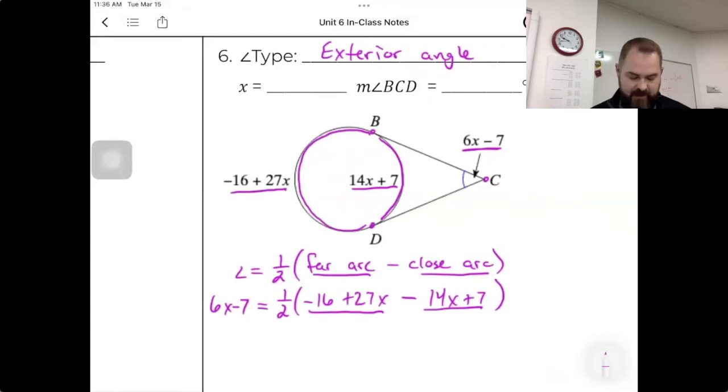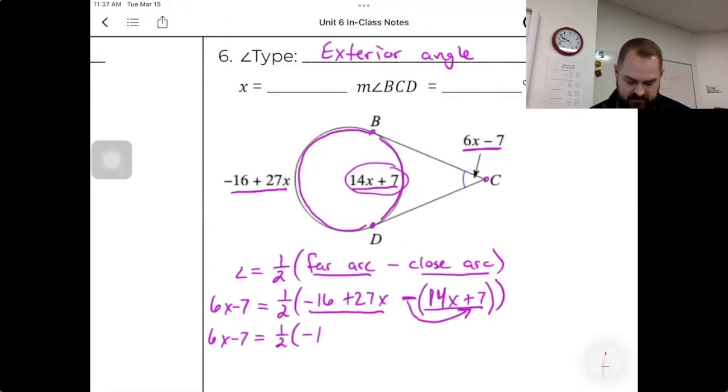Since I'm subtracting the entire close arc, I need to put that expression in its own set of parentheses.